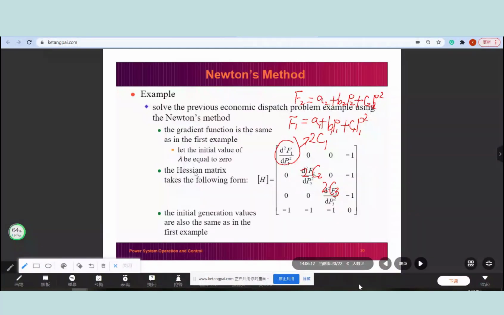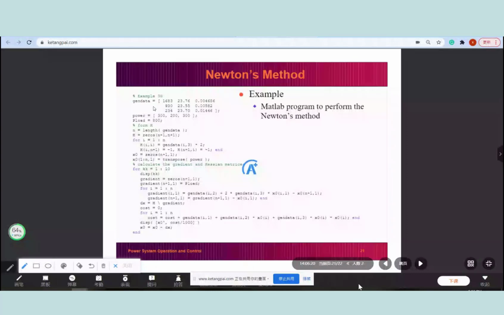Based on this, I have shown you an example. For example, this column is for A, B, C, and P1, P2, P3 mean generator 1, generator 2, and generator 3. This is A1, B1, C1, A2, B2, C2, A3, B3, C3.